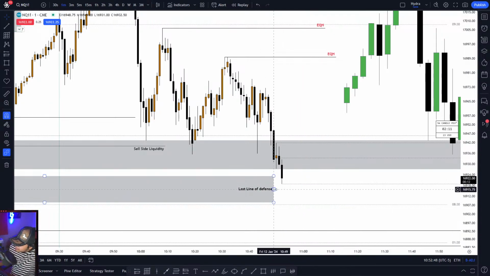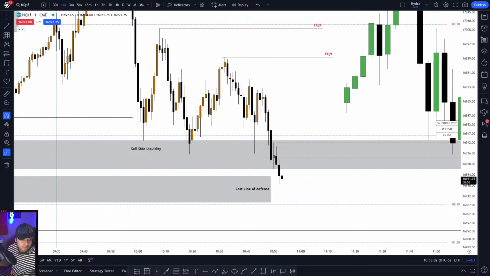So last sign of defense, let's see if price gets support from here. Is Friday TGIF model in play?